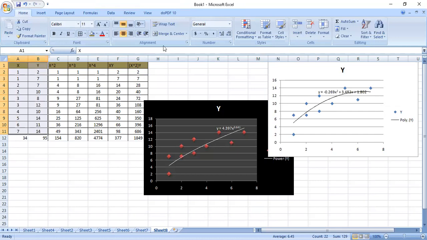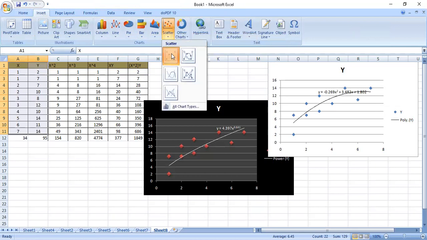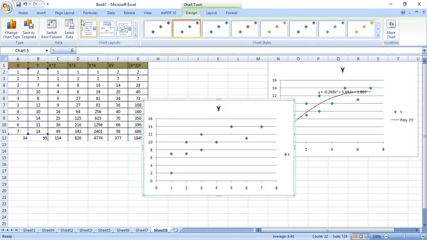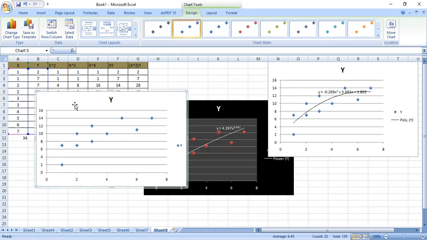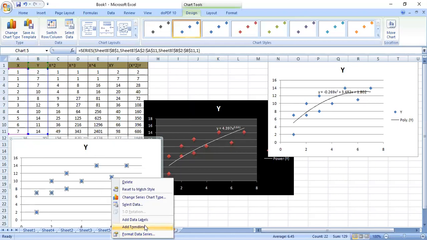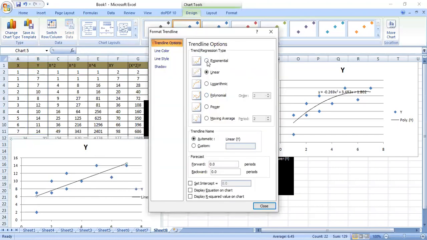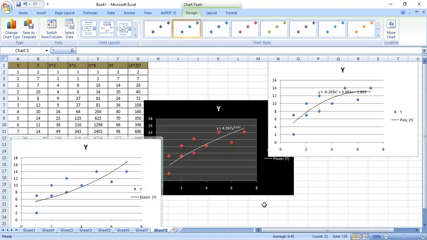And if you want to fit the exponential curve, let us try to look at what comes out of it. If I want to fit the exponential curve, let us check what comes out of it here. So you select the exponential button now and see, this is the curve which we have.